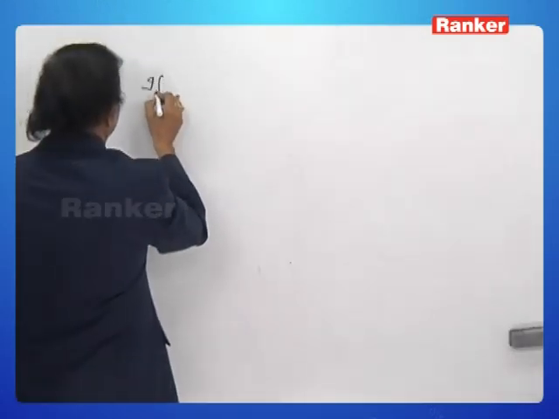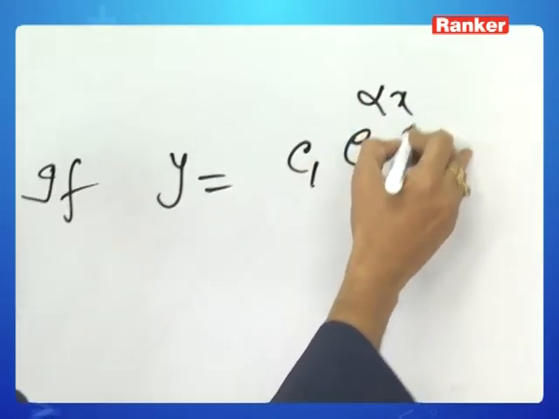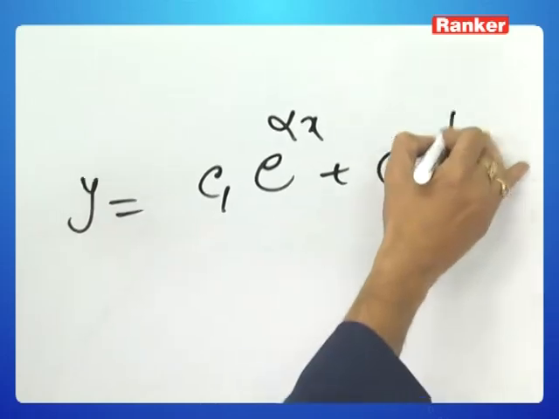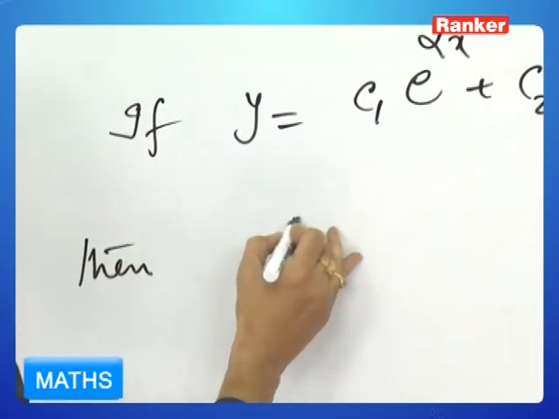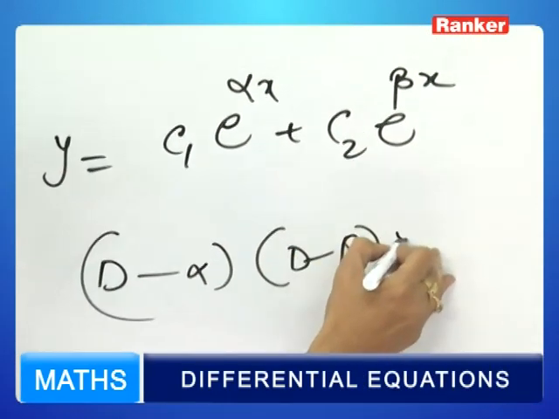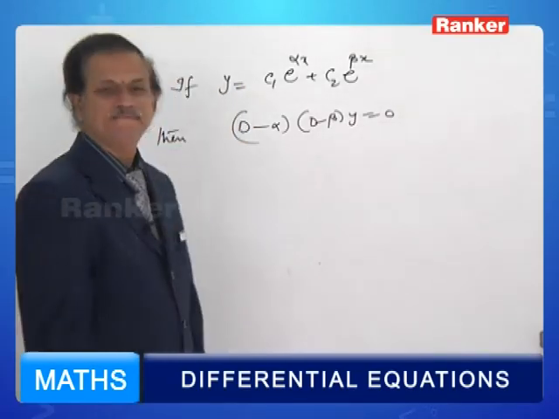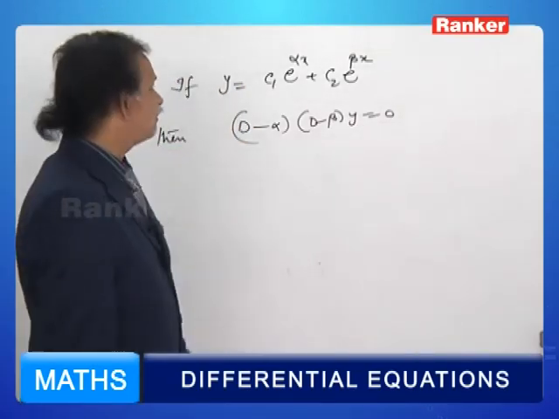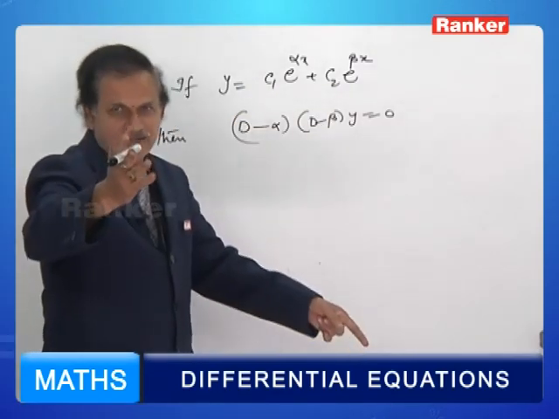If y is equal to c1 into e power alpha x plus c2 into e power beta x, then (D minus alpha)(D minus beta) of y is equal to 0 is the differential equation required. We are supposed to eliminate C1 and C2, but not alpha and beta. You can recollect that one.